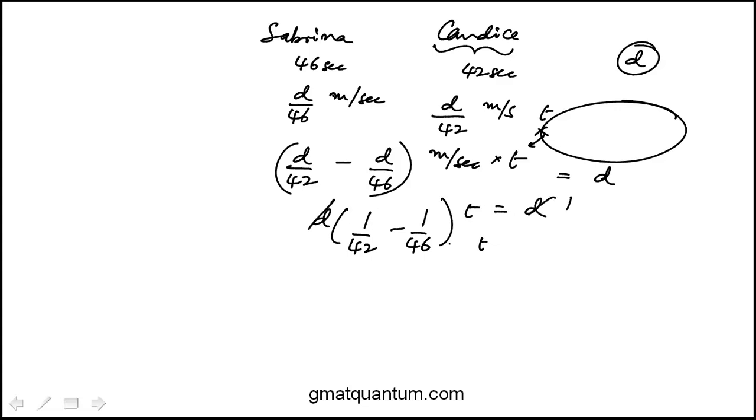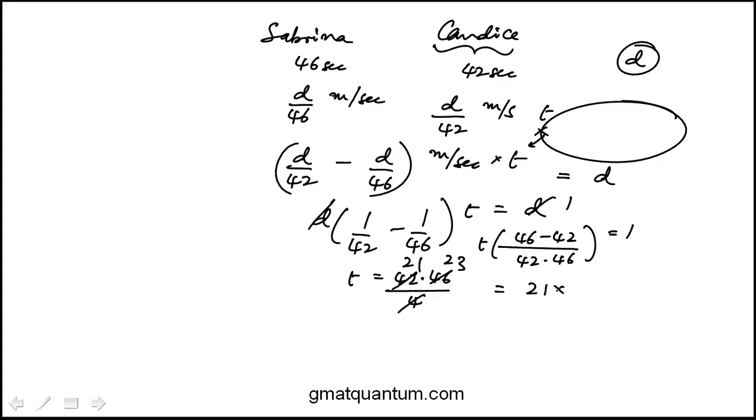And t becomes, this is 46. In the exam, I'll probably do it in one shot, just move that over here. So this is 42 times 46 over 4, and that's going to be 21 times 23. So in these many seconds, Candace would have gained one full lap.